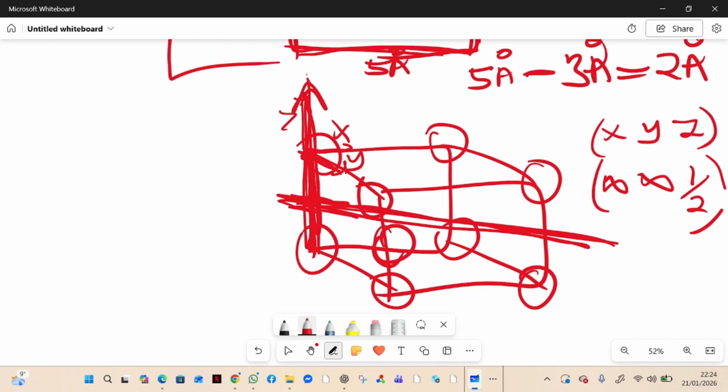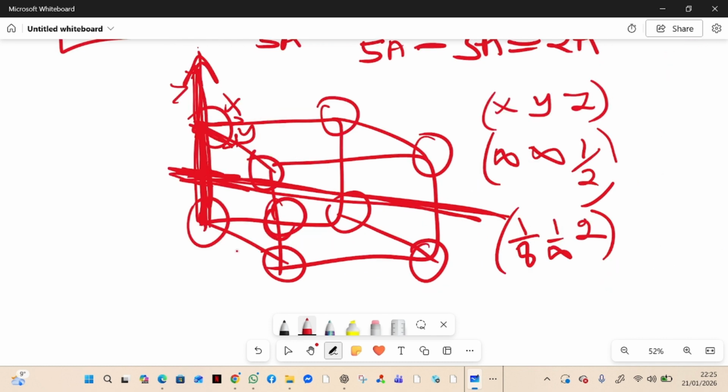So you have half, and then 1 over the intercept. So 1 over infinity, 1 over infinity, 1 over half, so this gives you 2. 1 over infinity goes to 0. So this is a 0, 0, 2 plane.